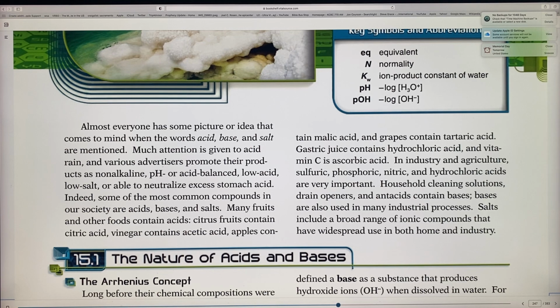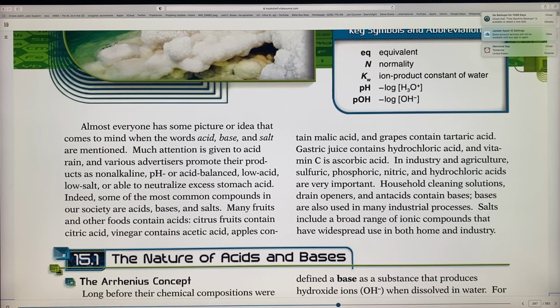So almost everyone has some picture or idea which comes to mind when you say acid, base, and salt, and much attention is given to acid rain. Various advertisers promote their products saying they're non-alkaline or low pH or acid balanced or low acids, low salts in your diet. Many compounds in our society are acids, bases, and salts.